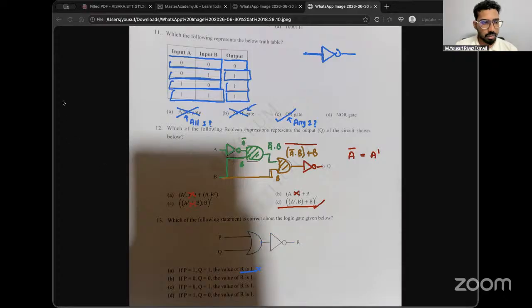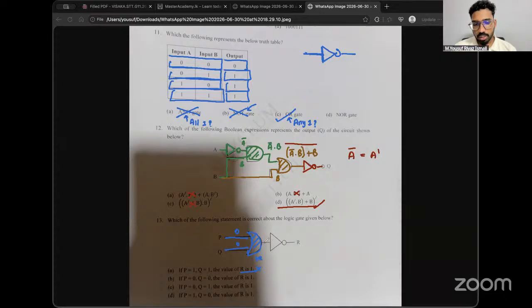The second answer mentions that if P equals 0 and Q equals 0, the value of R is 1. Let's check. If both the inputs are 0, what will be the result of this OR gate? The OR gate checks, is any of the inputs 1?